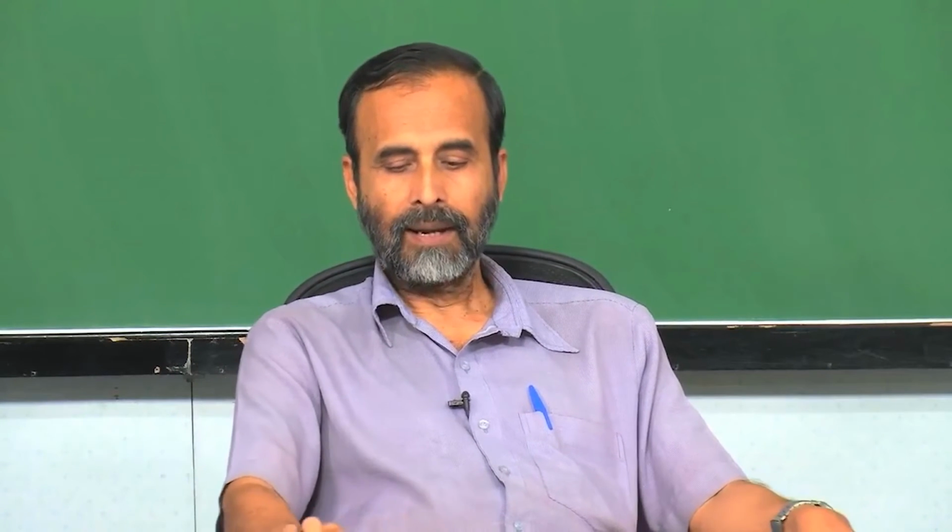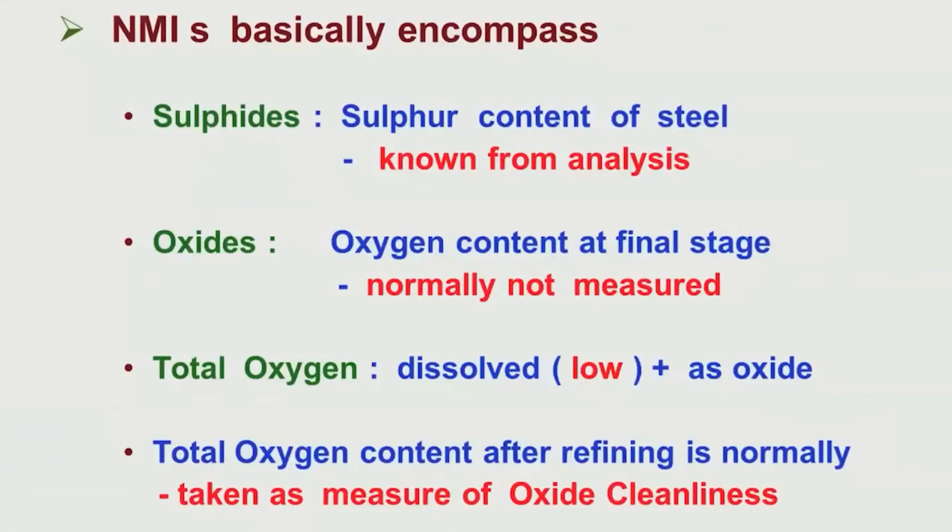Now, let us talk about NMIs, non-metallic inclusions. I have told you they can be sulfides, oxides, or oxysulfides. The sulfur content of steel is normally known from the analysis. When you analyze the steel, we know whether the sulfur content is 0.015, 0.01, 0.005 or not.